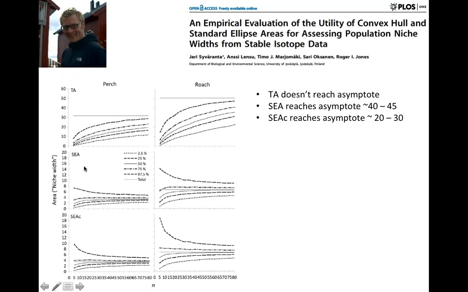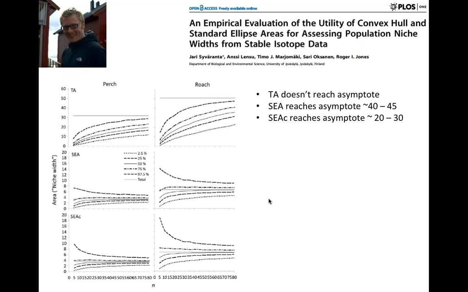You looked at the SEA, so this is just pure standard ellipse area, and found that it hits an asymptote at around about 45 to 50 individuals for both roach and perch. With the SEAC, the small sample size corrected measurement, it reaches its asymptote at around about 20 to 30 individuals. So that's become a standard measurement, and again, it's the way these things go, that somebody does this on one data set for a couple of fish in one lake, and it becomes the standard for people who use it for pretty much everything.